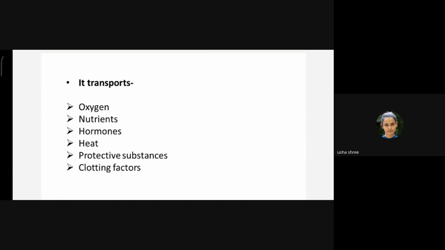And clotting factors. What are clotting factors mainly? I think we have discussed this earlier in the cell chapter. What are the clotting factors in our body? Any idea?